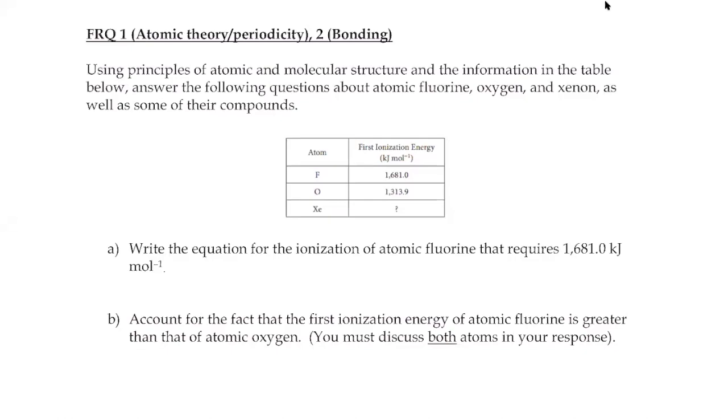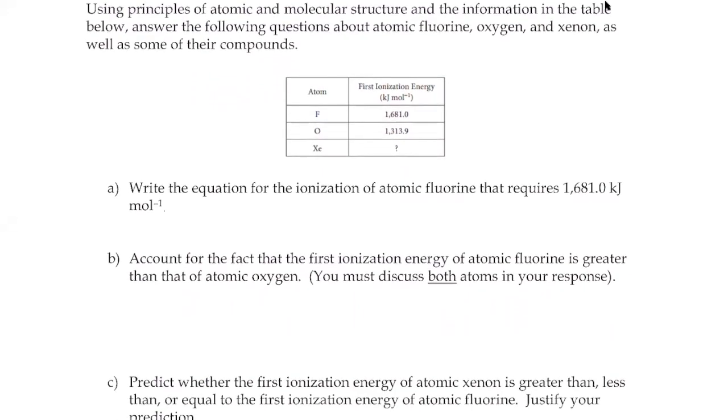First, ionization energies. It wants us to write an equation for the ionization of atomic fluorine. So you're writing kind of like a balanced chemical equation for what's going on there for ionization energy. And then we're going to try and figure out why the ionization energy for fluorine would be greater than the ionization energy of oxygen.